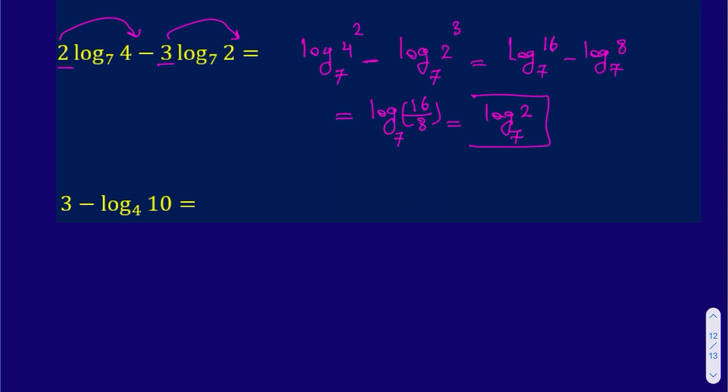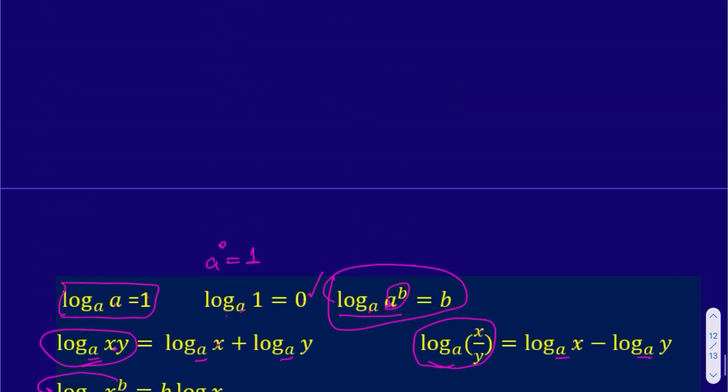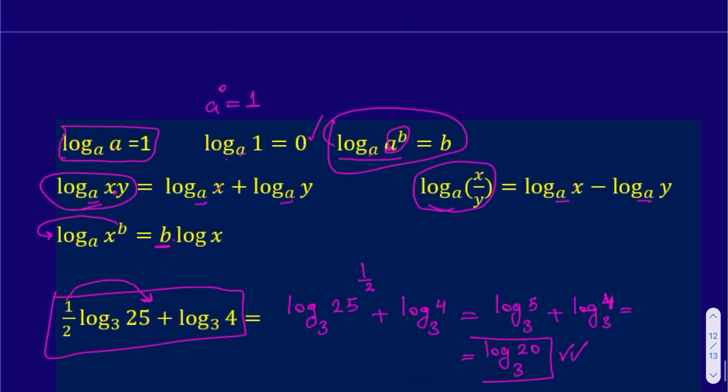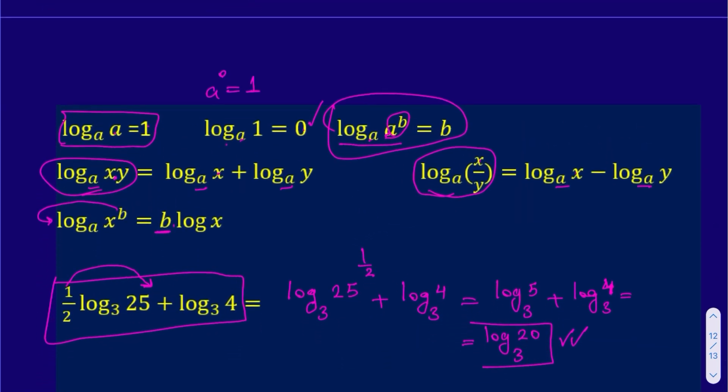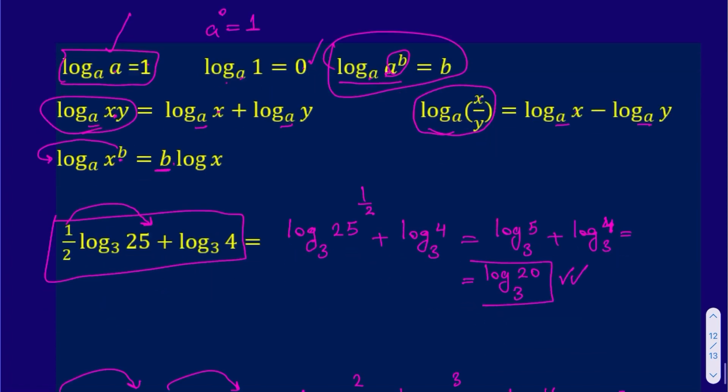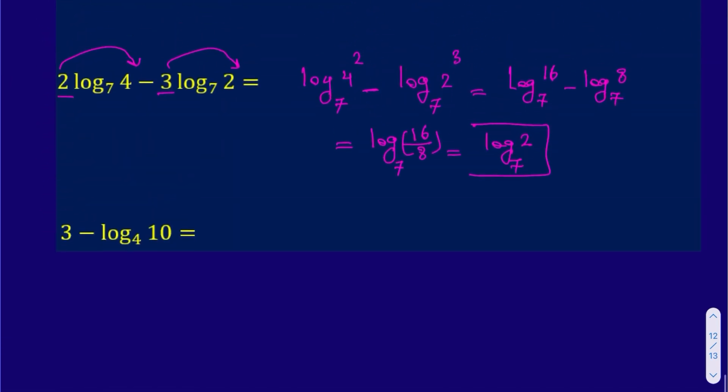Then we can use the properties of logarithms that we already talked about, that the log of any number to the same base is equal to 1. And again, any power can appear in front of the logarithmic function. So I can write 3 as 3 times log.